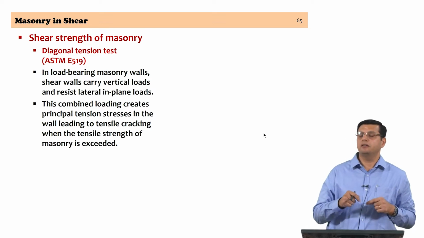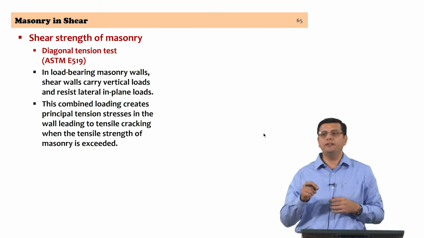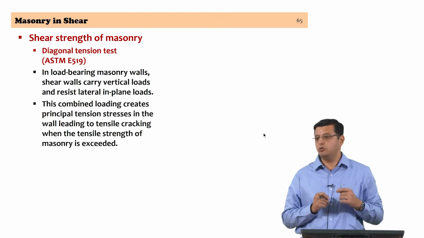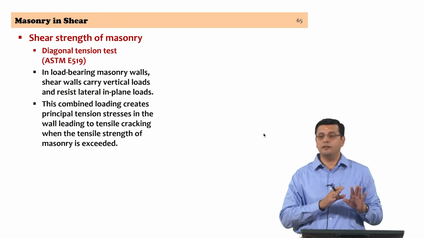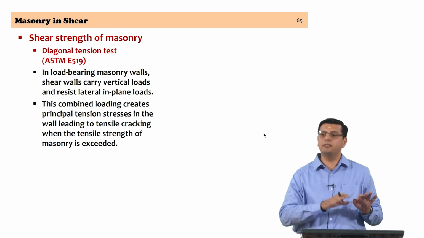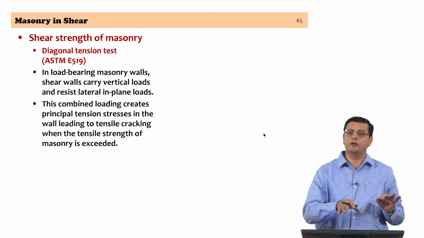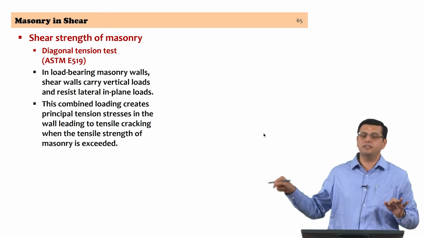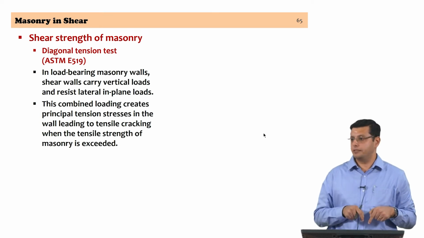Considering that we are looking at a material which is weak in tension and strong in compression, when the principal tension approaches the tensile strength of masonry, you get failure in the masonry panel. So, it is important to examine the principal stresses, and we are concerned more about the principal tension. Failure occurs under a combination of the lateral force and the gravity force when principal tension approaches the tensile strength of masonry. So, in a way this test is actually characterizing the tensile strength of the masonry for you.